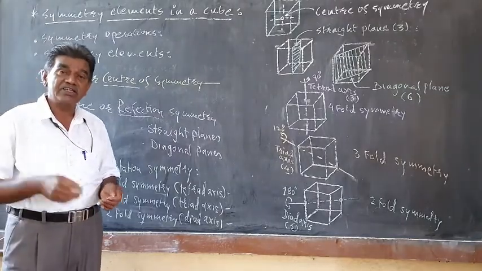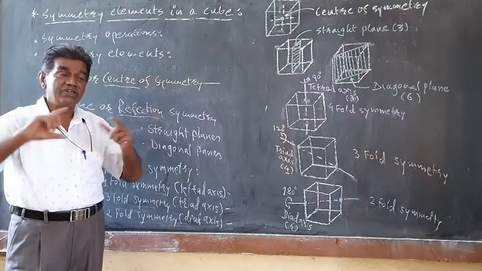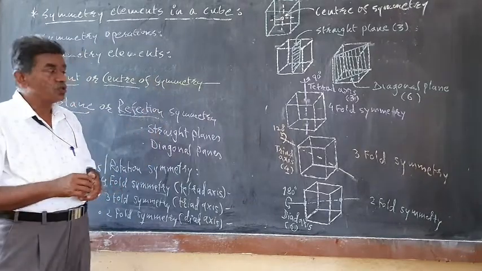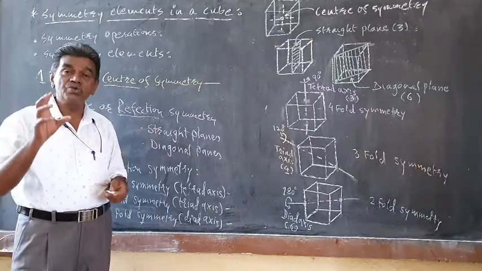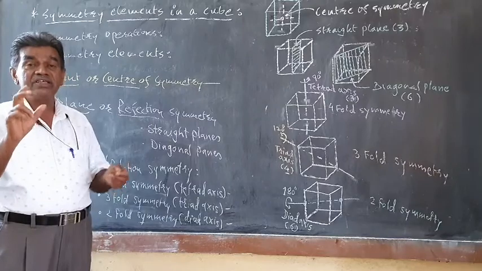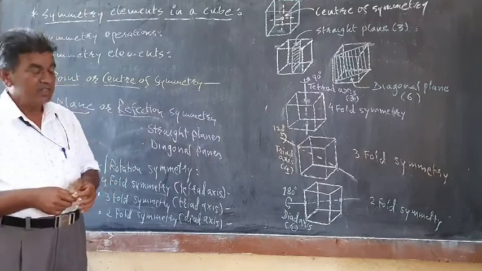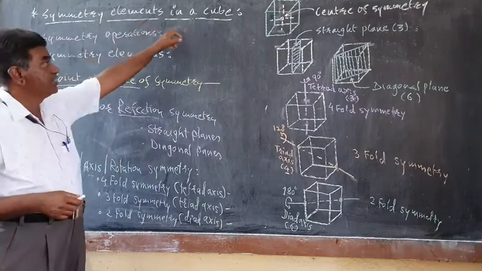The crystal structure is nothing but the repetition of that unit cell in all directions. So to study the symmetry elements in a crystal, we have to study the symmetry elements in one unit cell. One unit cell is equivalent to the crystal. So today we have to find the symmetry elements in a cube.